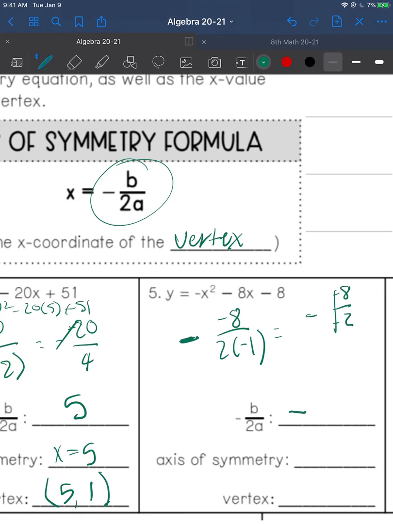So I know my answer is going to be negative 8 divided by 2 is 4. So my axis of symmetry is x equals negative 4. Substitute my x value in for my equation. Y equals negative 4 squared. So you square, then do the negative. Minus 8 times 4 minus 8.